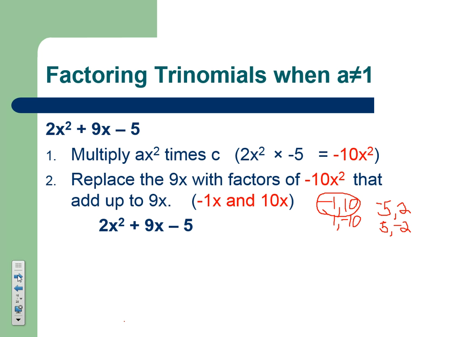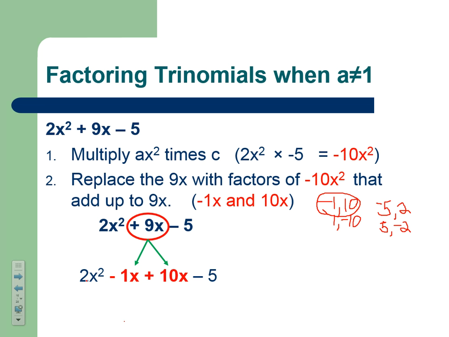Next, what we want to do again is replace the 9x with the factors of negative 10x squared. And so now instead of 9x, we will have negative 1x plus 10x.